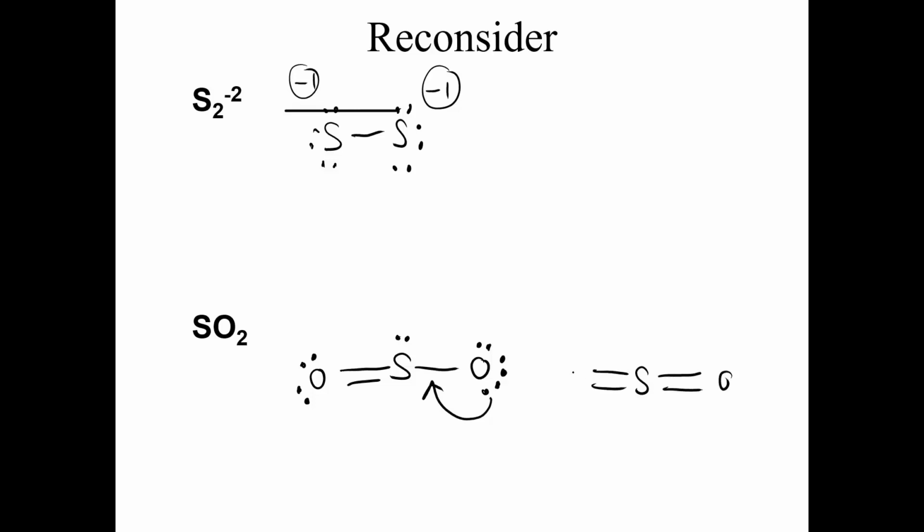Because sulfur can do that. So that's the big difference. Now all the formal charges are 0, 0, 0, and you can do that. This has 10 electrons, and it can have an expanded octet.